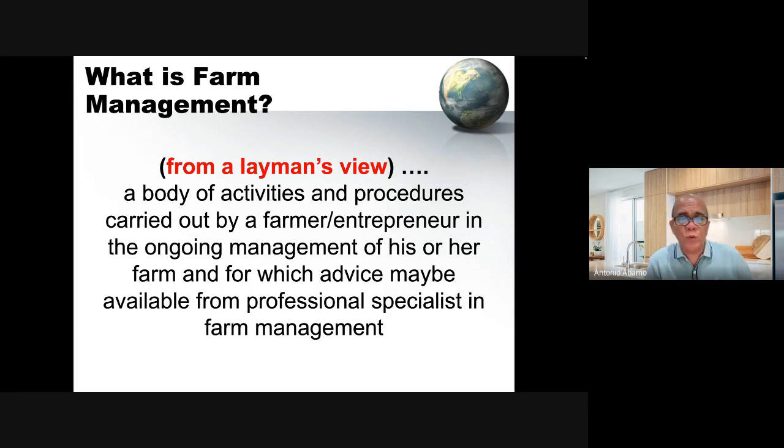From a layman's view, farm management means a body of activities and procedures carried out by a farmer or entrepreneur in the ongoing management of his or her farm, for which advice may be available from professional specialists in farm management.